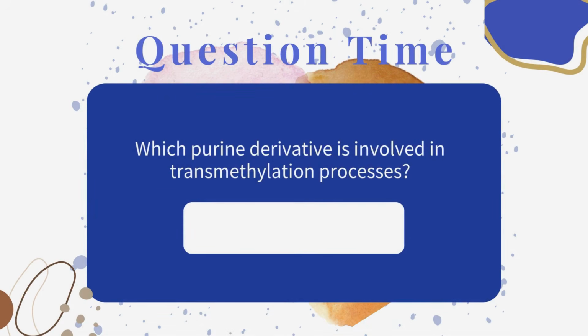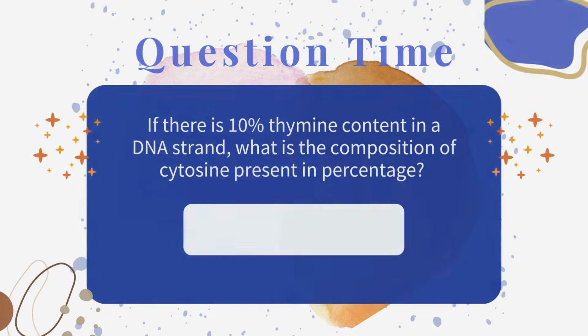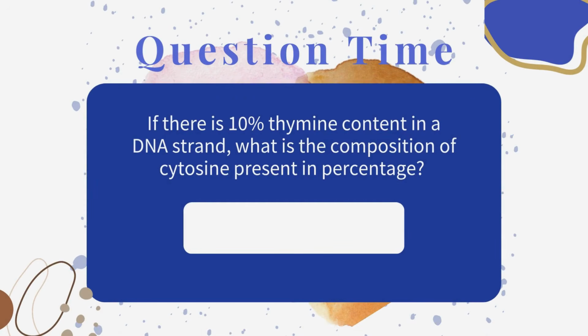Which purine derivative is involved in transmethylation processes? S-adenosyl methionine. If there is 10% thymine in a DNA strand, what is the composition of cytosine present in percentage? 40%.